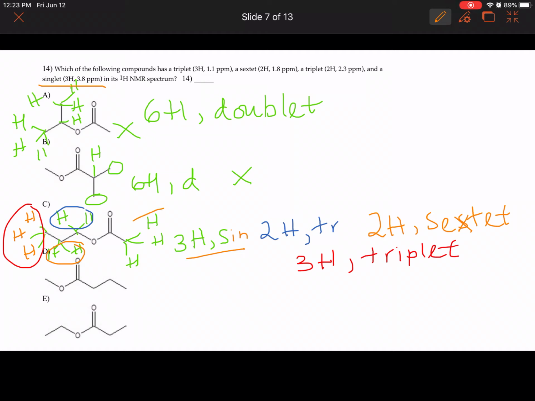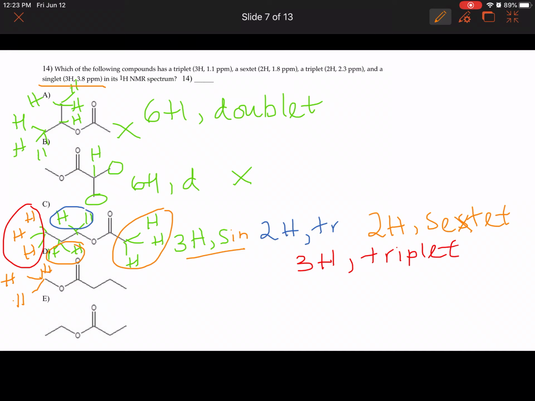But here this 3 hydrogen singlet is closer to a carbonyl group. When it is closer to the carbonyl group, it's not going to be chemical shift 3.8. It would be 3.8 if it is closer to an electron withdrawing group like oxygen.